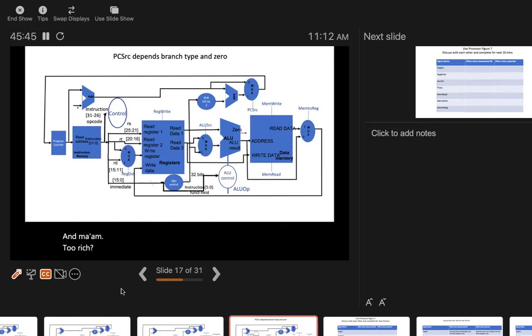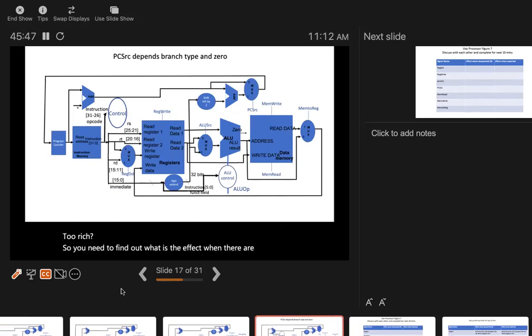Here's the diagram so that you are able to understand. On the board you'll see the list of control signals. These are the control signals you need to focus on, and that's the hardware in front of you. Discuss with your peers what happens when they are set to 0 and what happens when they are set to 1.